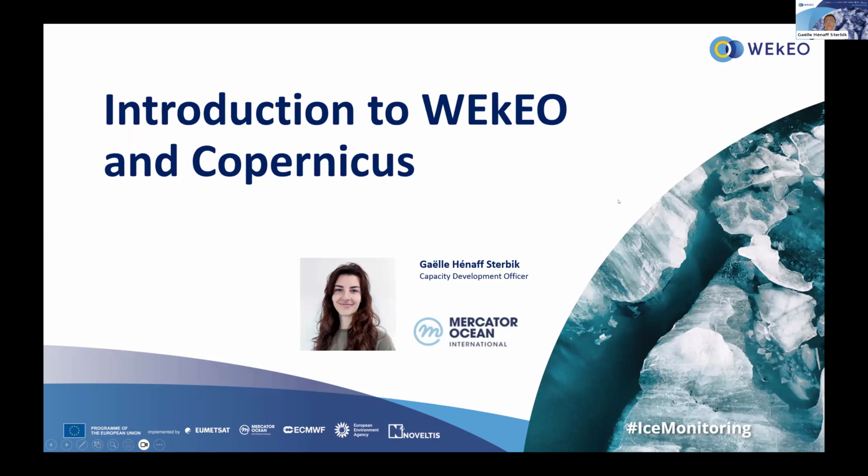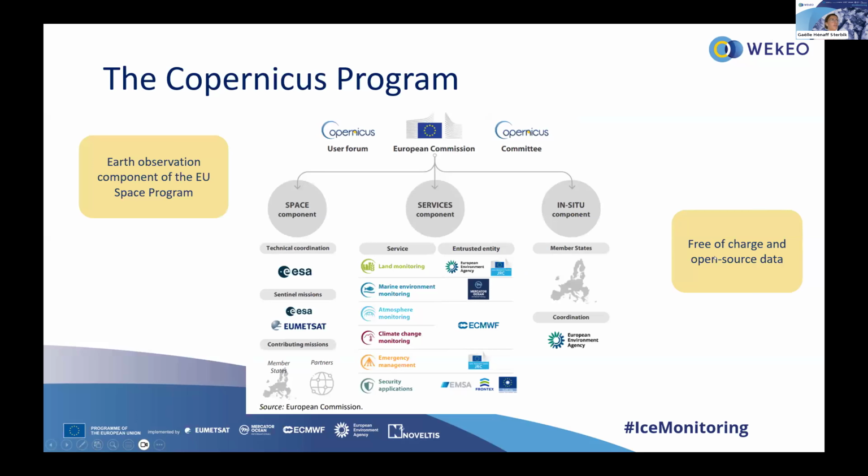Okay, so for the introduction to WEkEO and Copernicus. Copernicus is the Earth observation component of the European Union's space program dedicated to monitoring our planet and its environment. It provides free and openly accessible information services based on satellite observations and in situ data.